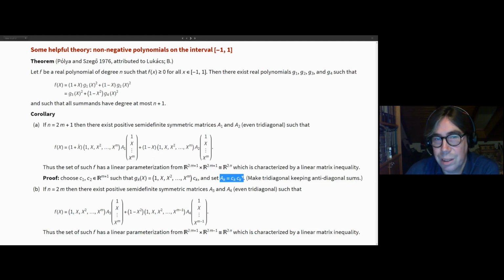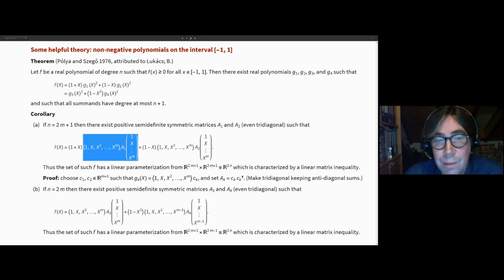When you think about which matrices lead to the same polynomial here, you see that you can replace A1 with a tridiagonal matrix with the same anti-diagonal sums. So this is an m plus 1 times m plus 1 matrix, but actually it only has 2m plus 1 free entries.